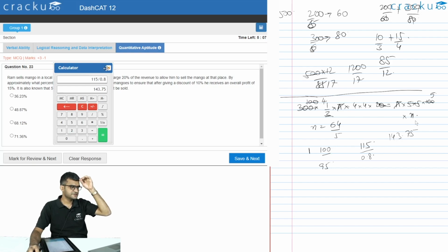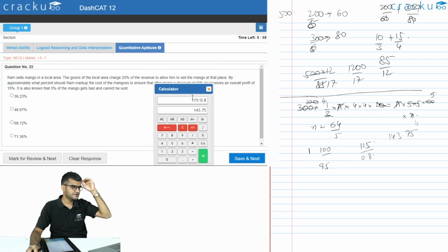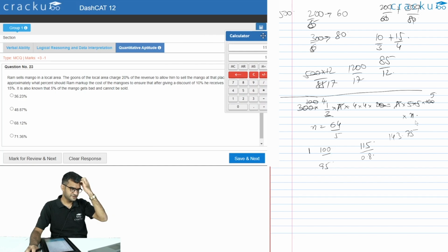Okay, but this is making after giving a discount of 10%. So the actual selling price will be by 0.9. Okay, but this is selling only 0.95. This has to be the answer. 68.12. Yeah.